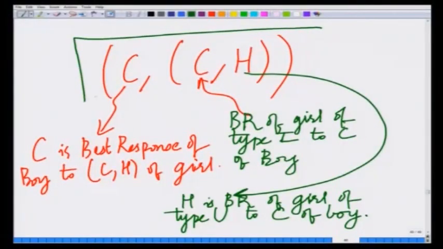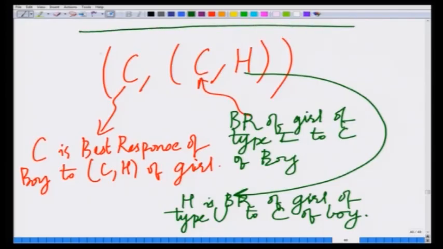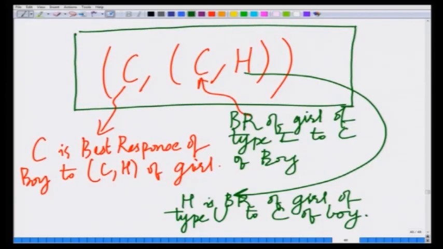So, this is a Bayesian Nash equilibrium in which each player of each type is playing his or her best response. This is interesting because now we have considered a game with uncertainty in the payoffs, where the boy does not know the exact nature of his opponent, right. Similarly, we can consider other scenarios.